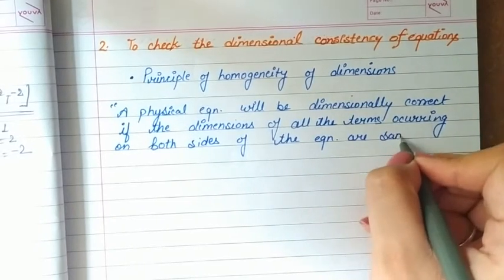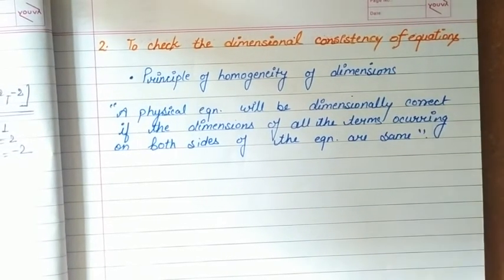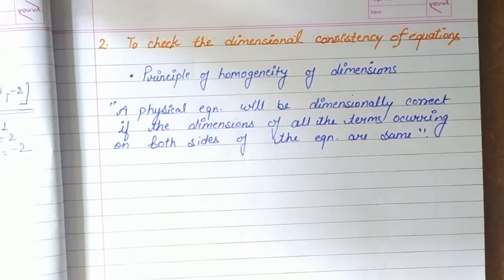So if on both sides we get the same dimensions, then the given physical equation is dimensionally correct.